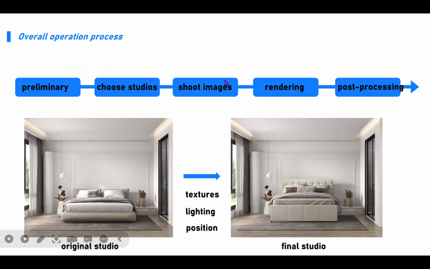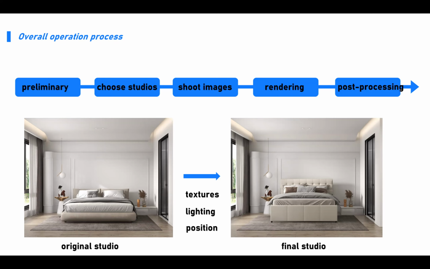Okay, what do we need to do? What is the overall operation process for the Photo Studio shooting? Firstly, we need to prepare. What do we need to prepare? It should be the main product.